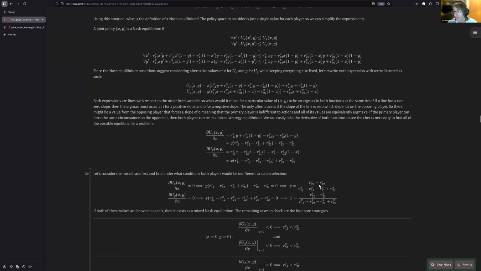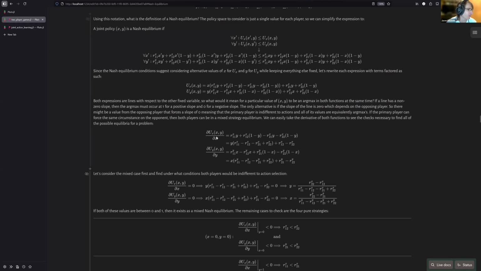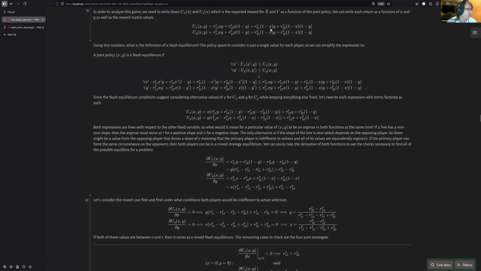Now, it seems like there's a single Nash equilibrium. However, there's another little wrinkle to this. But can anyone have an idea of what the problem could be with this calculation, where we're trying to find the point where the partial derivative is 0?